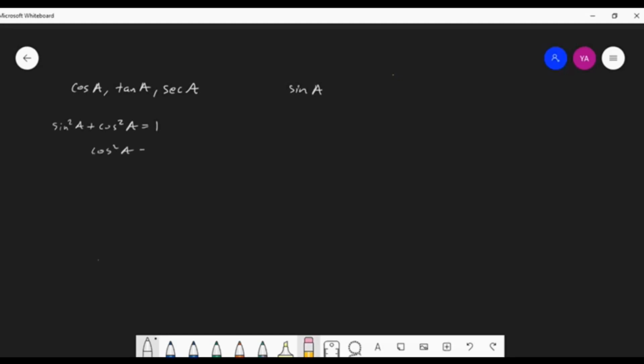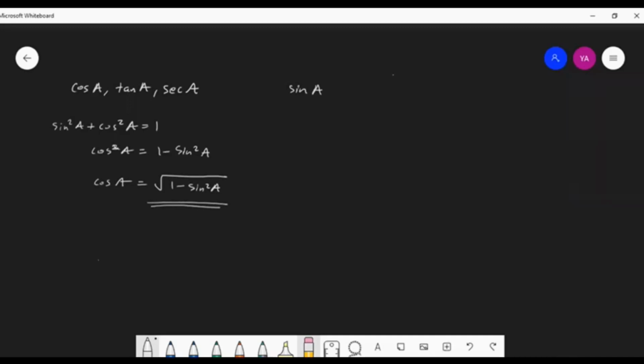Cos square A is equal to 1 minus sin square A. You simply take this square, shift to the right side, that will become root, right? So cos A is equal to square root of 1 minus sin square A. So no values are given, so you simply stop here. Square root of 1 minus sin square A is the expression of cos A in terms of sin A.